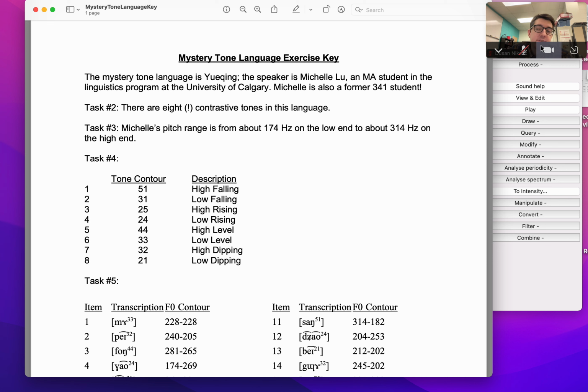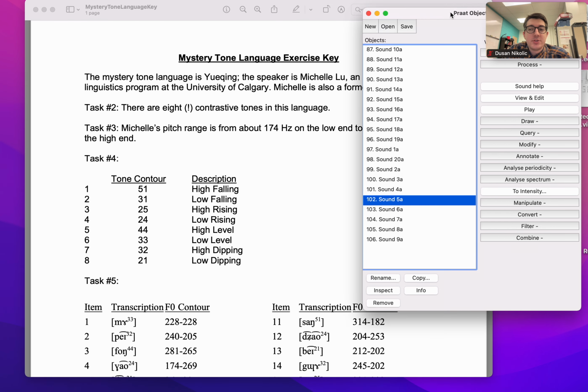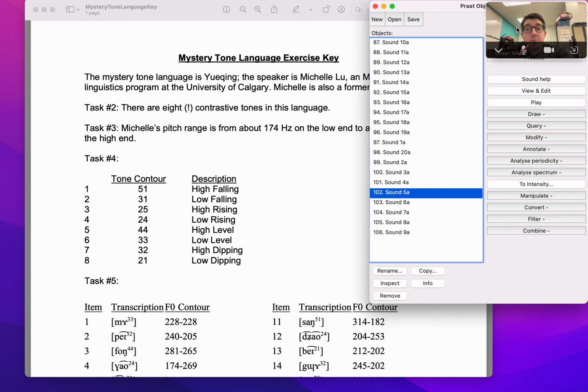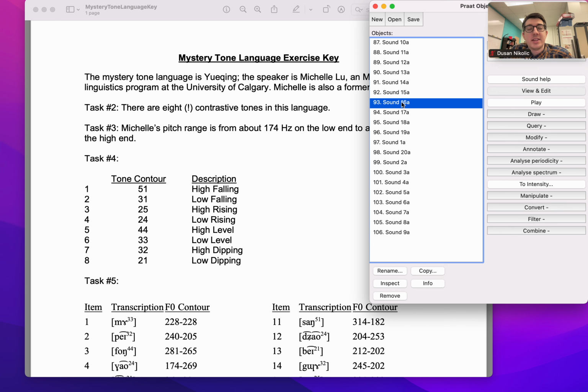Those are the sets of conventions chosen for this language, and as I said, those are just conventions. They don't necessarily have to be literally true. Sometimes they're not. Phonetically, tones are realized in so many different ways, so you should pay attention to that.